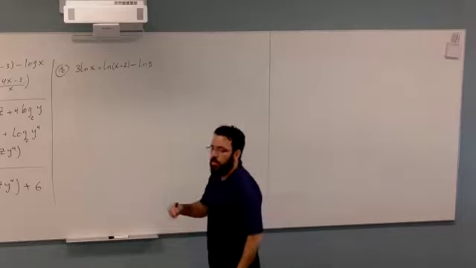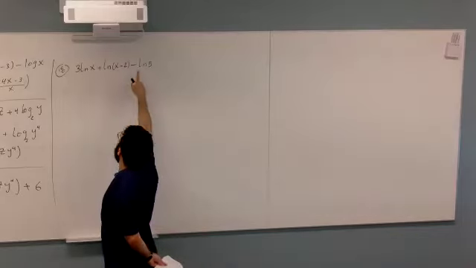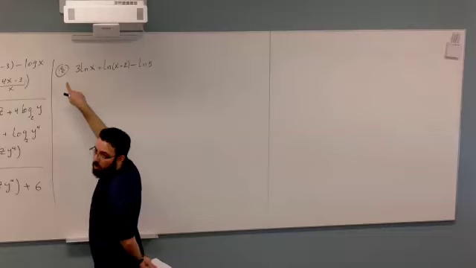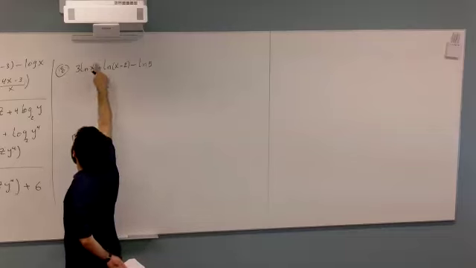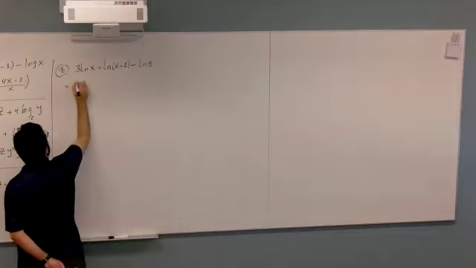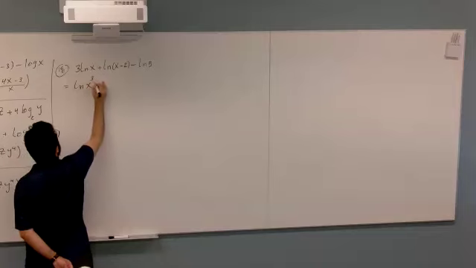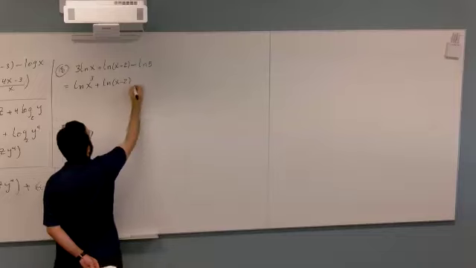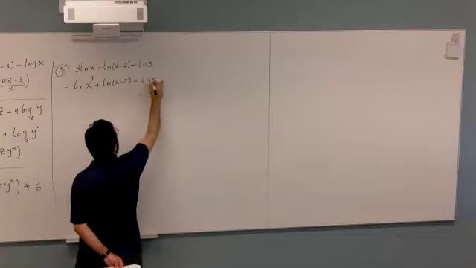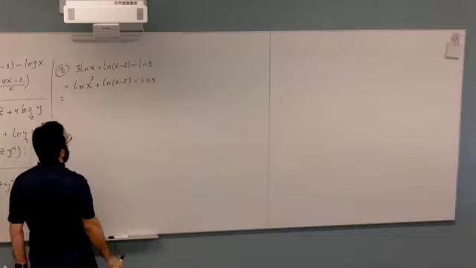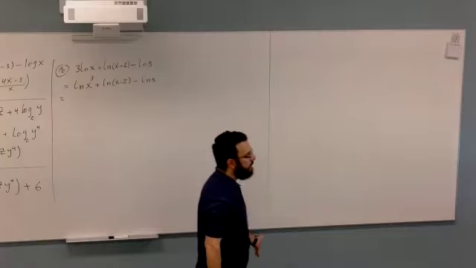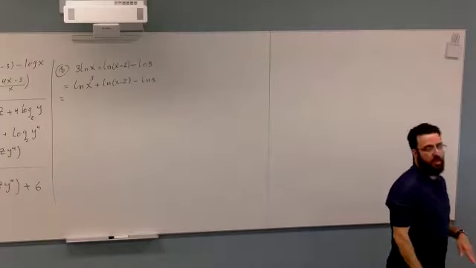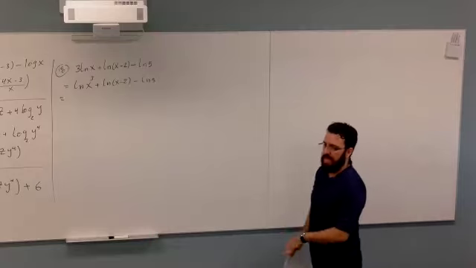Step by step, don't overthink it. Do you have a number in front of the ln? The 3, move the 3 here. It's going to be ln x cubed plus ln of x minus 2 minus ln 5.